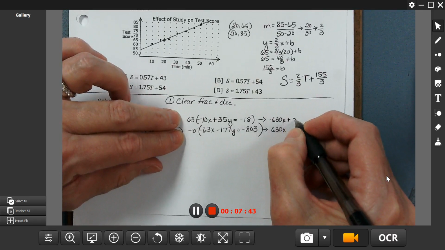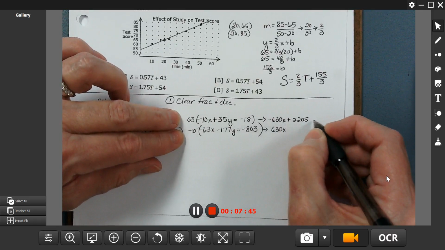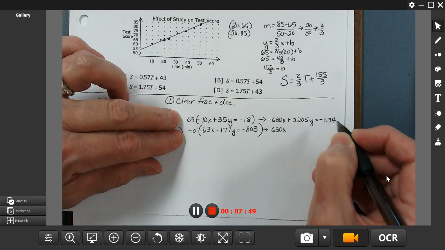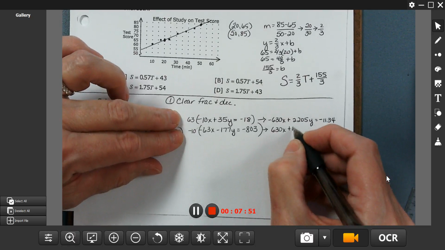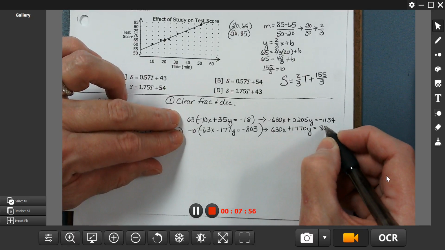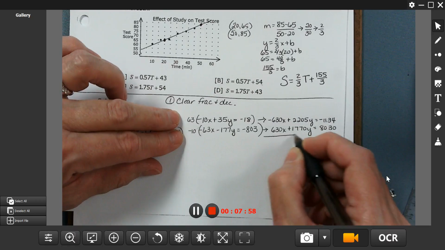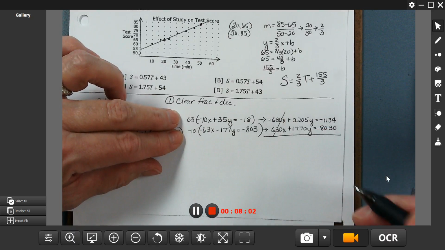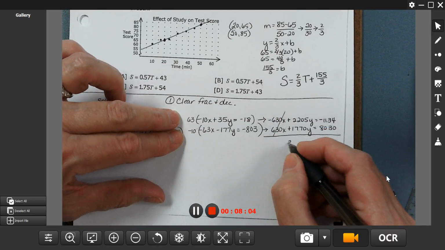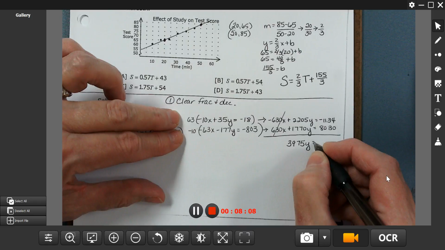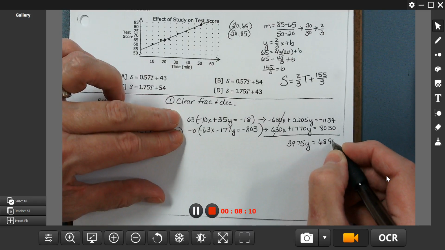Okay, so here this is going to be 22 and 5y, and negative 1134, and this is going to be 1770y, and this is 8030, and then I'm going to add these together again because these are going to cancel, and then I have 3975y and I have 6896.